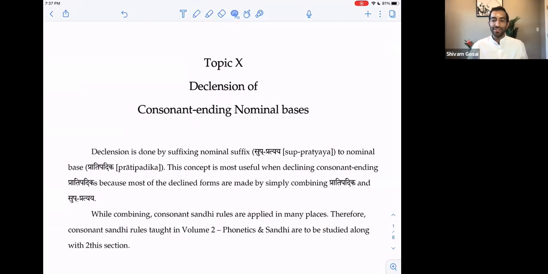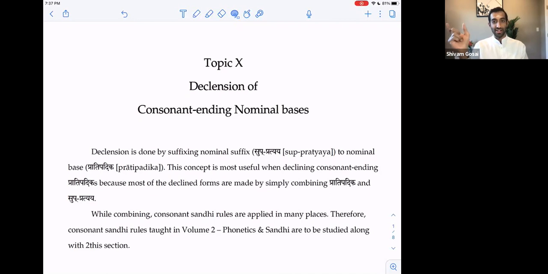Now the first thing we're going to see in the beginning is really just Sanskrit math. What I mean by Sanskrit math is that we're doing a simple addition. We have a noun, which is called a subanta, meaning that it ends with sup pratyaya.